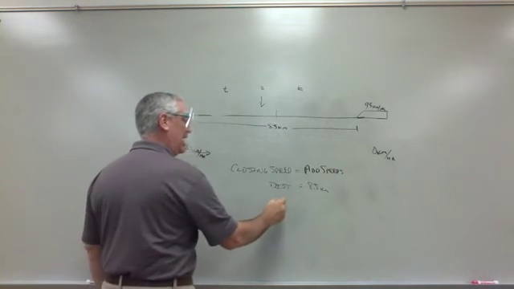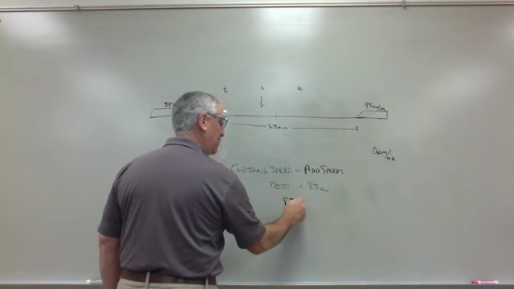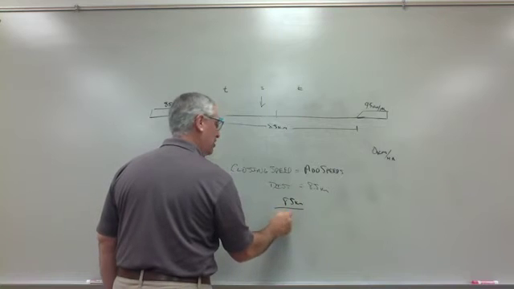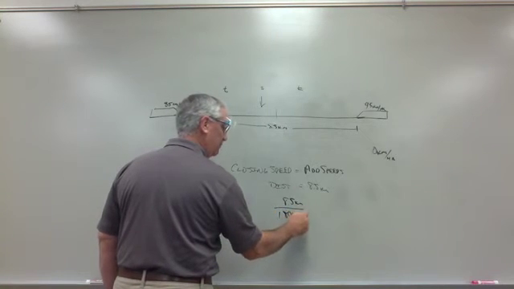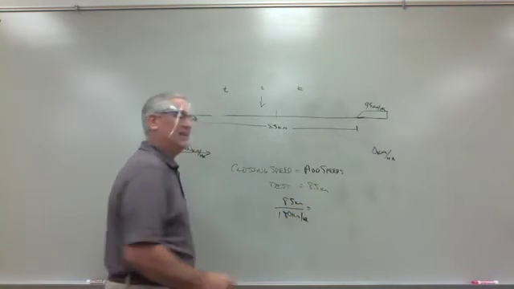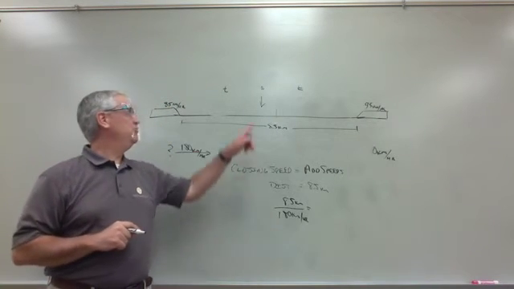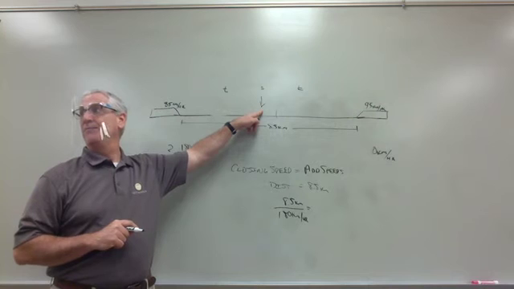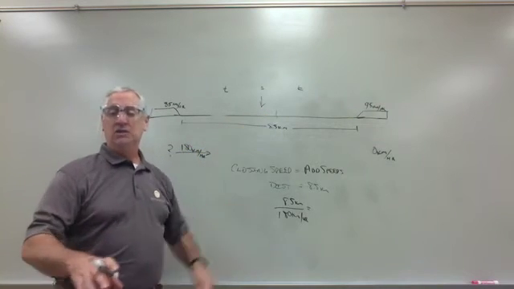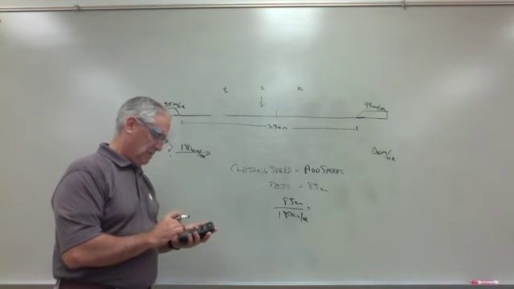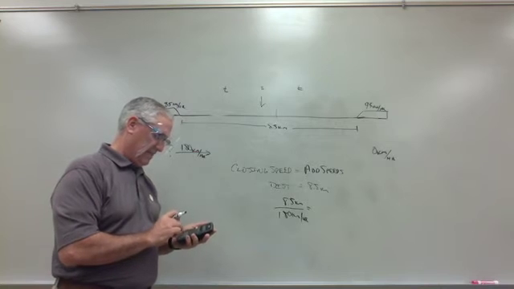Now I have 8.5 kilometers divided by 180 kilometers per hour. That tells me how long it's going to take for them to meet right here. So that turns out to be 8.5 divided by 180.